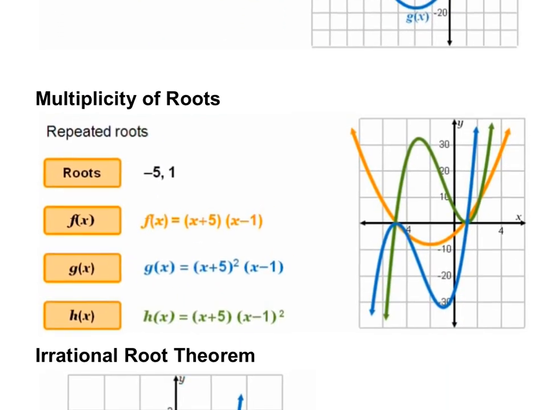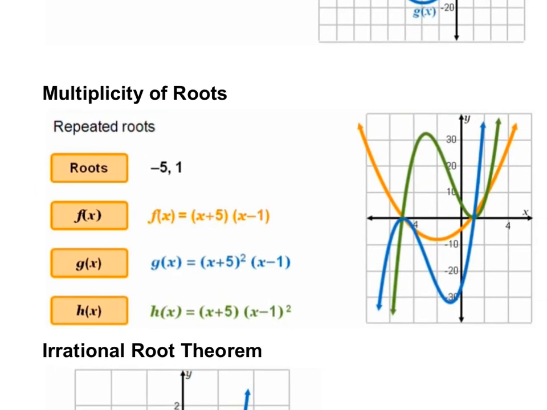The same thing goes with the multiplicity of roots. What I have here are the roots of -5 and 1, and the standard function we would get from that is f of x equals x plus 5 times x minus 1, that same parabola. But what if we had a multiplicity of 2 on the root of -5?